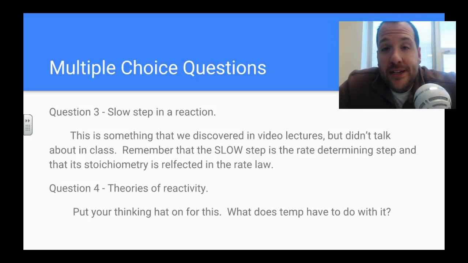But the other one is that the slow step must reflect the rate law. The stoichiometry of the slowest step must reflect the rate law. So definitely go and look up that.